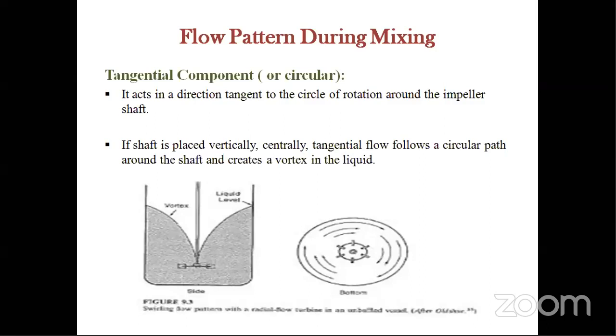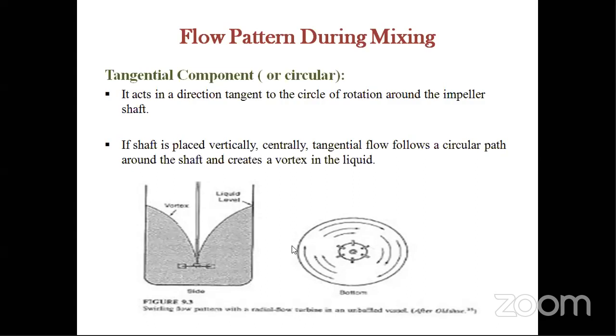At that time tangential flow happens when your impeller or blade, turbine or paddle is attached to the shaft in the central, vertical portion of the beaker. When it is placed in the central or vertical portion of the beaker, a circular rotation is maintained during the mixing process.